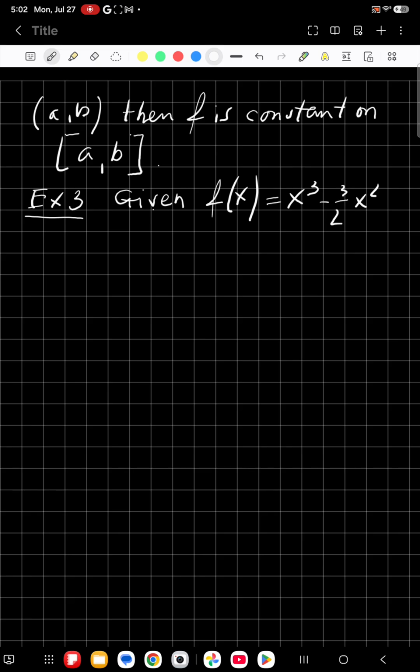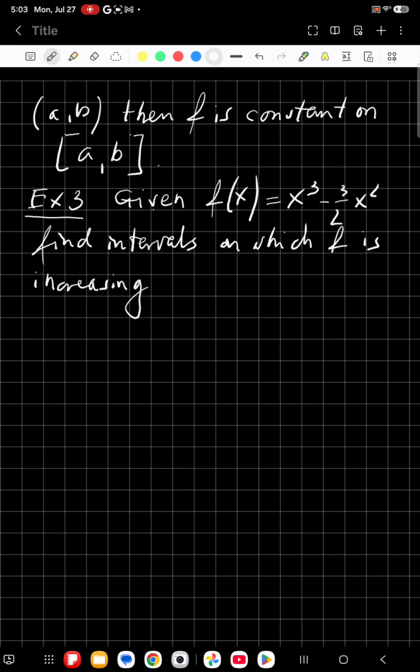That's the function, and we need to find intervals on which f is increasing and decreasing.